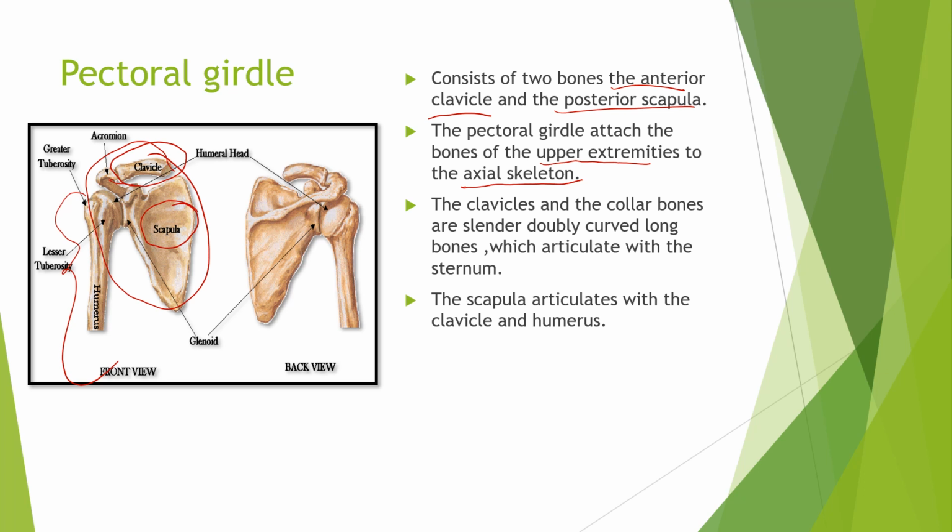Now the clavicle is the collarbone. So this is the collarbone. The clavicles, the collarbones, are slender and doubly curved long bones which are articulating with the sternum. You can see all the bones here are curved. They are articulating with the sternum, whereas the scapula articulates with the clavicle and the humerus.